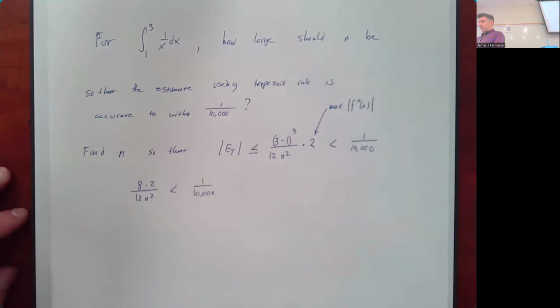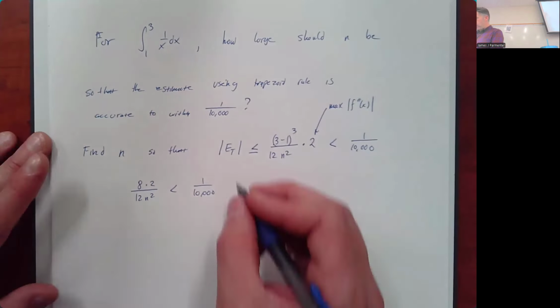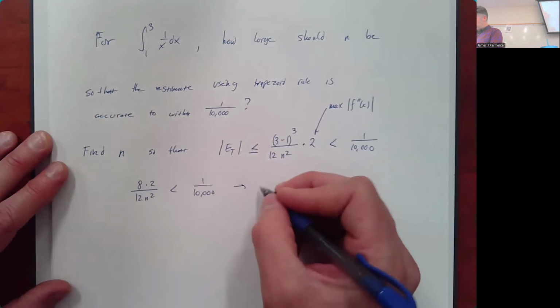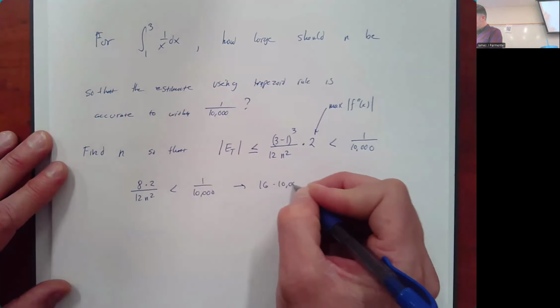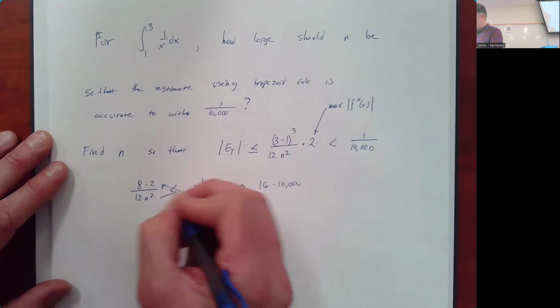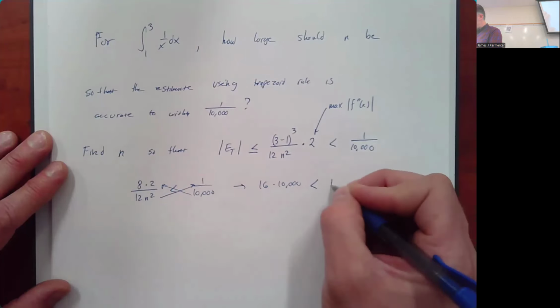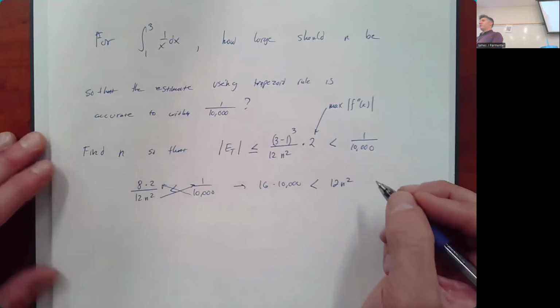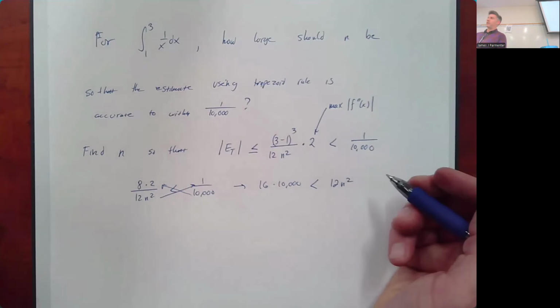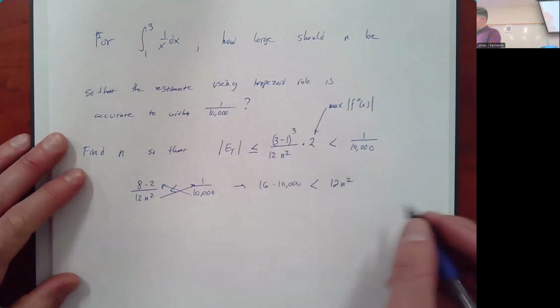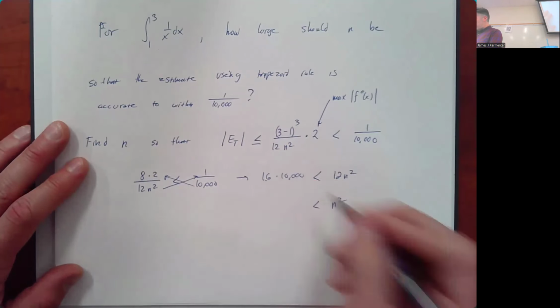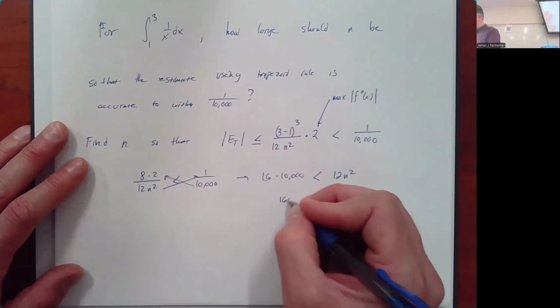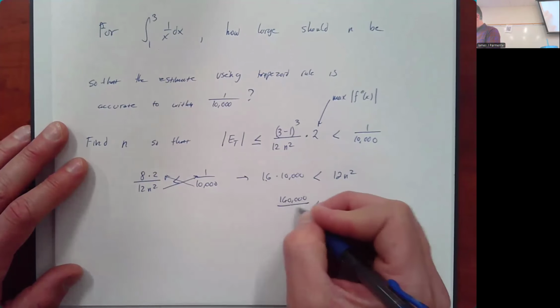My usual go-to move is to cross multiply. On the left, I have 16 times 10,000 is less than 12n squared. Although really I could have left the 12 on the left-hand side in the denominator. So what I really have here is that n squared should be bigger than 16 times 10,000, which is 160,000, divided by 12.